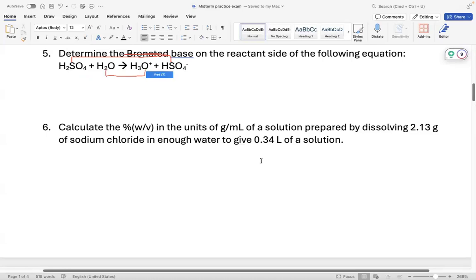So here H2SO4 lost a hydrogen, meaning it's an acid, and H2O gained a hydrogen, so it's acting as a base, it's acting as the acceptor. So if this was to say A, B, C, D, you would choose the one that said H2O. H2O is acting as the base.